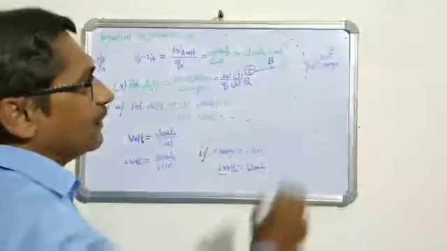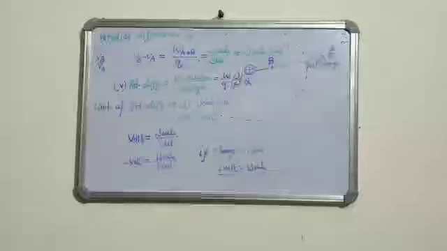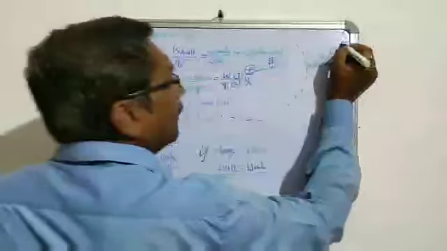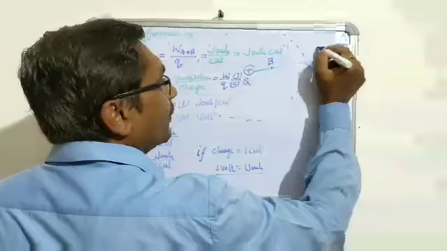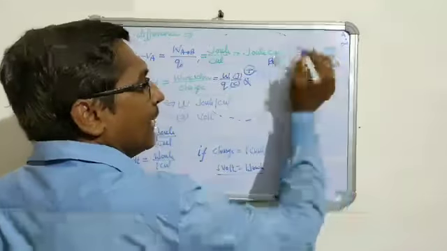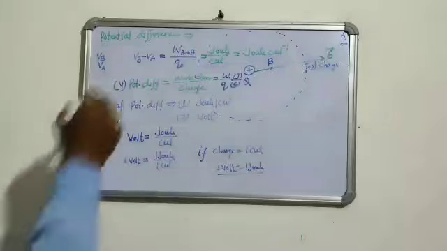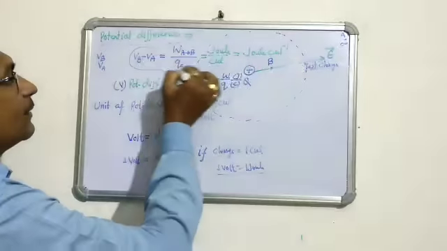So point A is here. Now we bring the test charge from this point to this point. There is no work done because there is no force applied up to this point, and force is applied from this range.